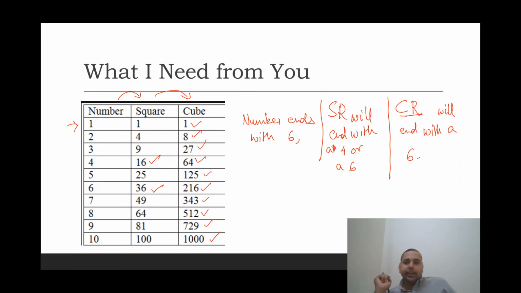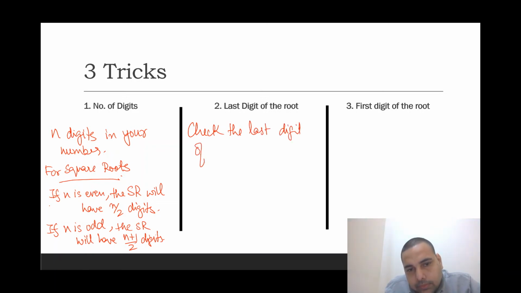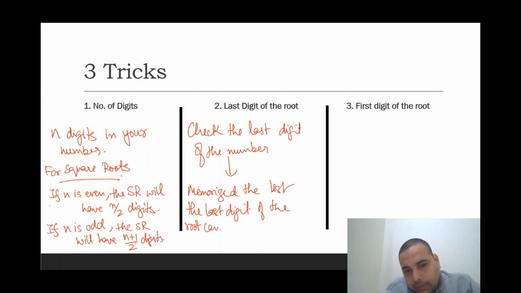Alright. So for the last digit of the root, check the last digit of the number, and from the list, if you have memorized the list, the last digit of the root can be obtained.